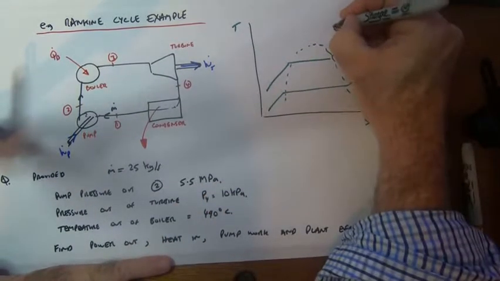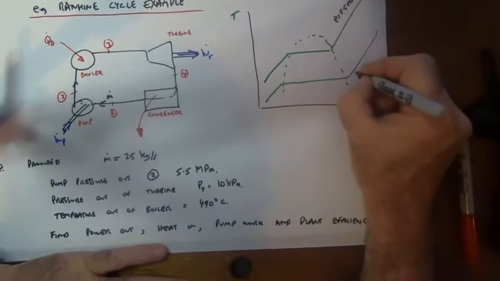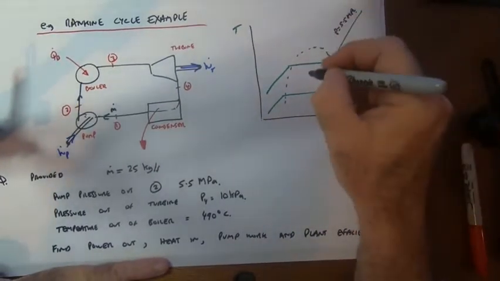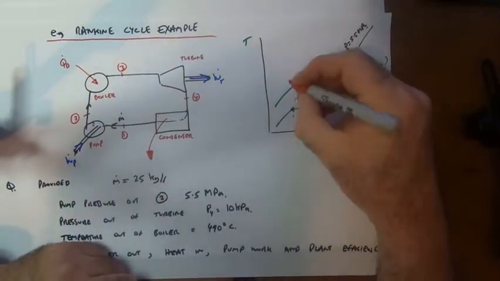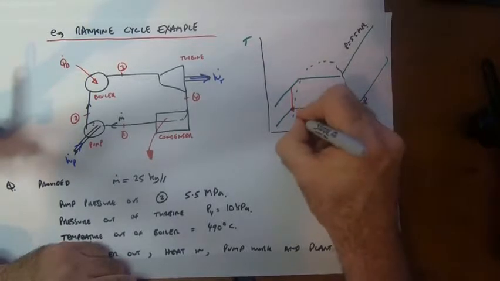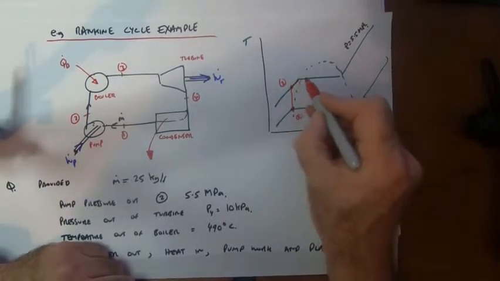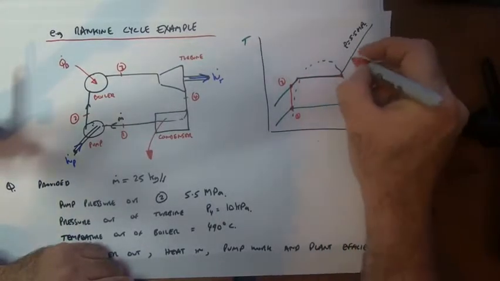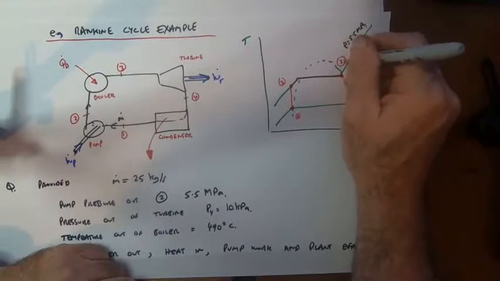So we know that this pressure here is the 5.5 megapascals. We know this pressure here out of the, well, we can actually draw the circuit in. So we're going to go from 1 in the pump up to 2. This is isentropic. And then we're going to heat the water up and boil it till it's saturated. So that's going to be the position at 3.